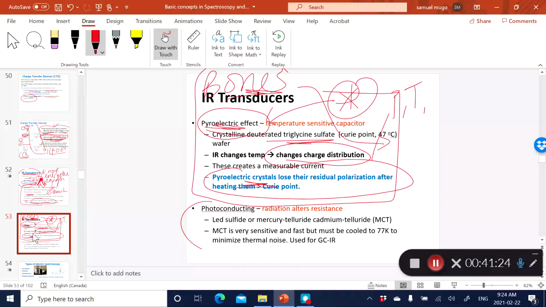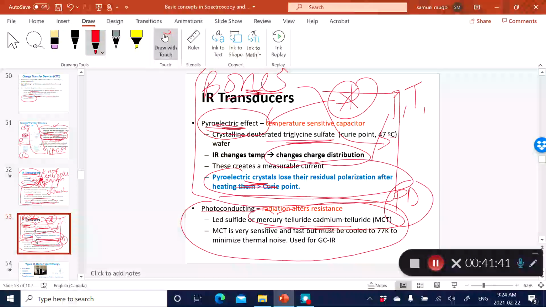So the other type of detector for IR is simply a diode array, a photodiode, as I've explained before. Things like mercury telluride, cadmium telluride are very common semiconductors.